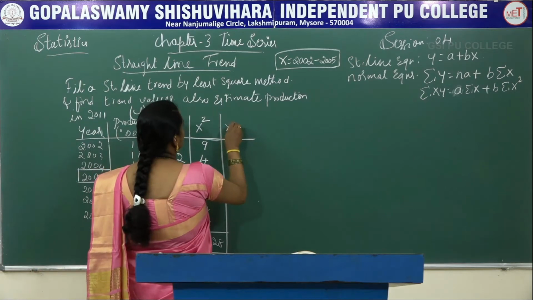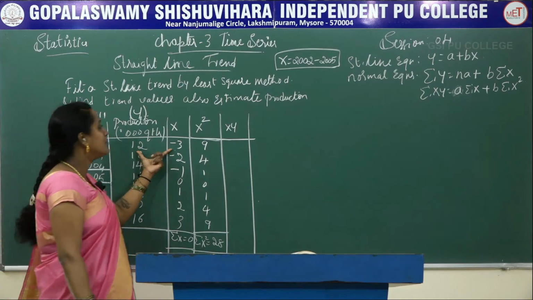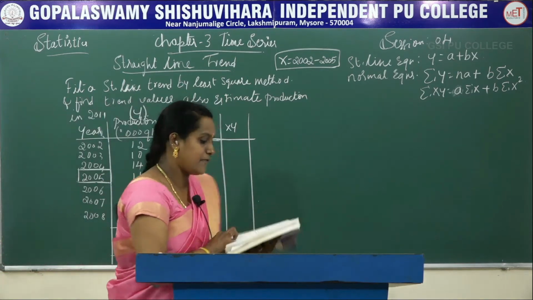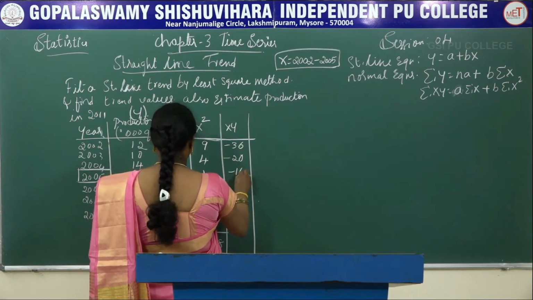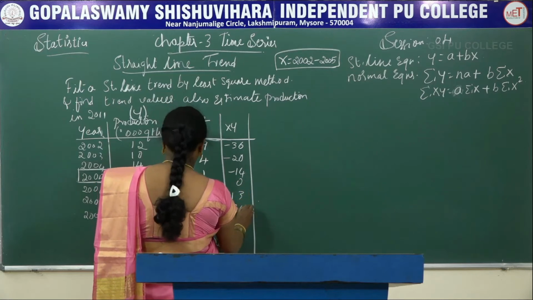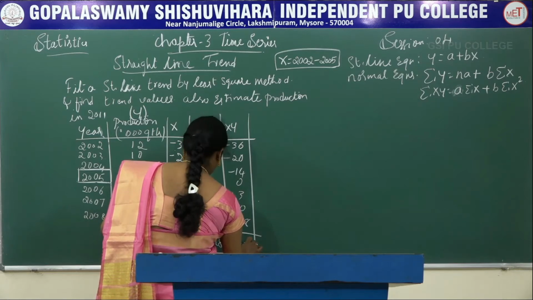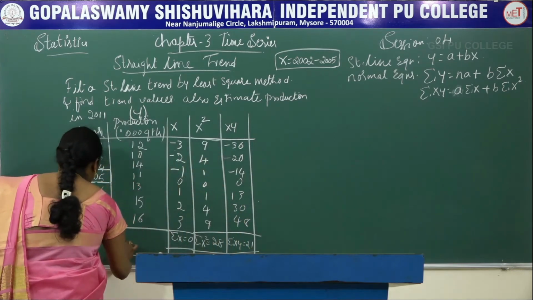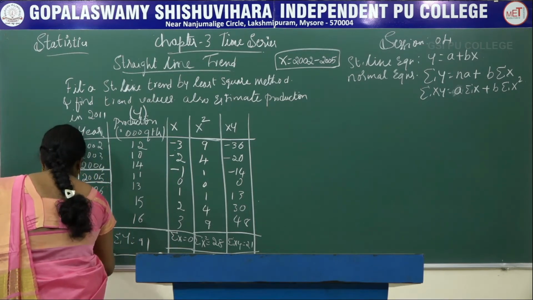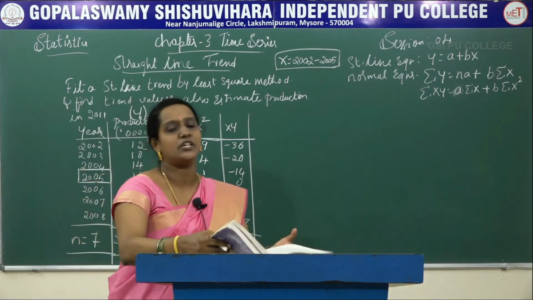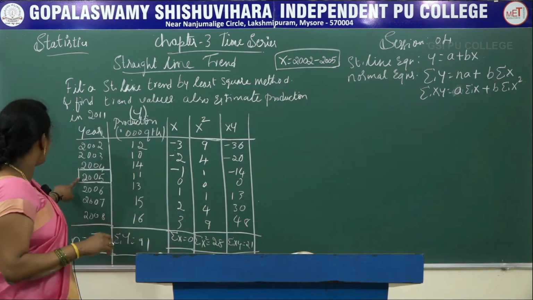Next is x into y. X means this column, y is the production column, and we have to calculate this x into y. The summation of xy is equal to 21, summation y is equal to 91, and n is equal to 7, the number of years we have taken: 1, 2, 3, 4, 5, 6, 7.